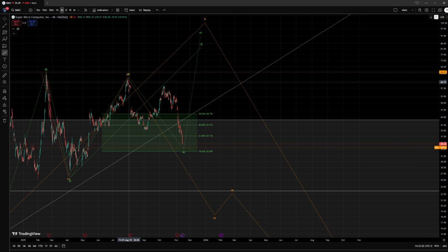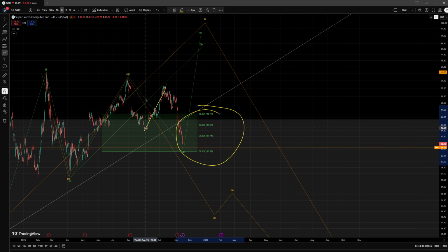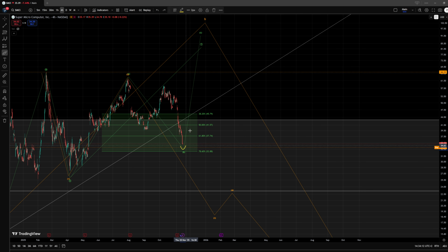And within this wave B, we have so far pushed into this internal wave B beyond the resistance area, and we still managed to follow through. So that may be a hint, a signal that we may end up breaking the structure of support here, which would decrease the probabilities of this working out.